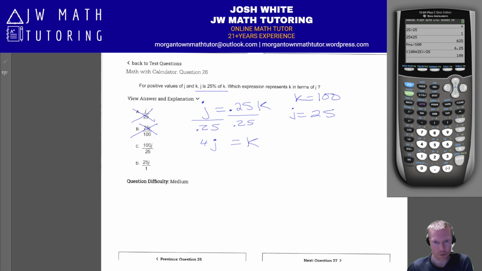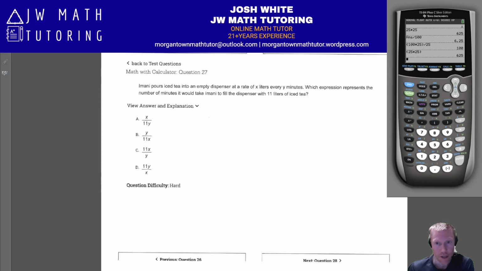Okay, that one gives me 100, meaning that it matches. And now for D, 25 times 25, well, divided by 1, that doesn't change anything. So it's just really 25 squared, which is 625. That's wrong. So this is an alternate way you could have solved it, and it confirms that the correct answer is, in fact, letter C.